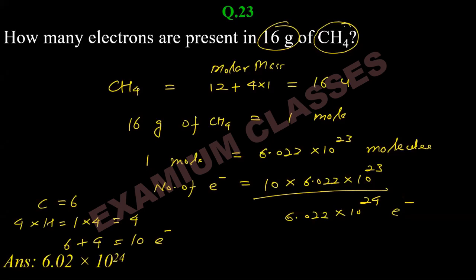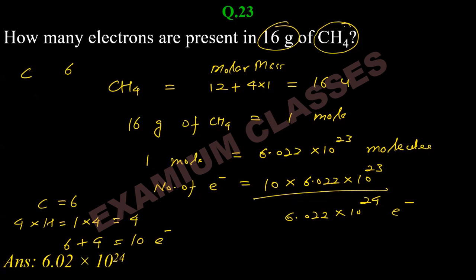Sir, how did we get the electrons? We got the electrons because carbon's atomic number is 6. And what is atomic number? Atomic number is equal to the number of protons. And in a neutral atom, the number of protons and the number of electrons are the same.